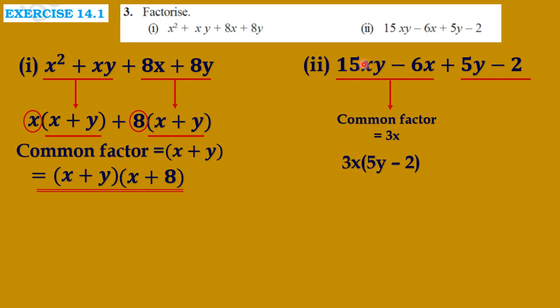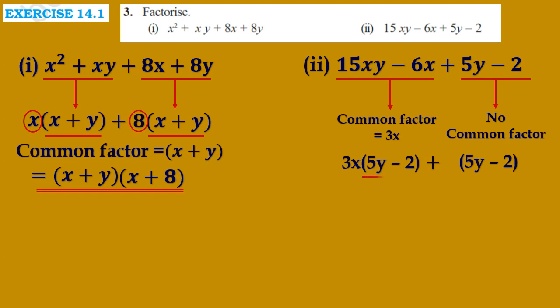That 5 here. x has come out. Then y remains there. So 5y. Minus. Then x has come out. 3 into 2 is 6. So 2. So 5y minus 2. Now plus, nothing common. So we just have to write 5y minus 2. Let us write it and put it in the bracket.